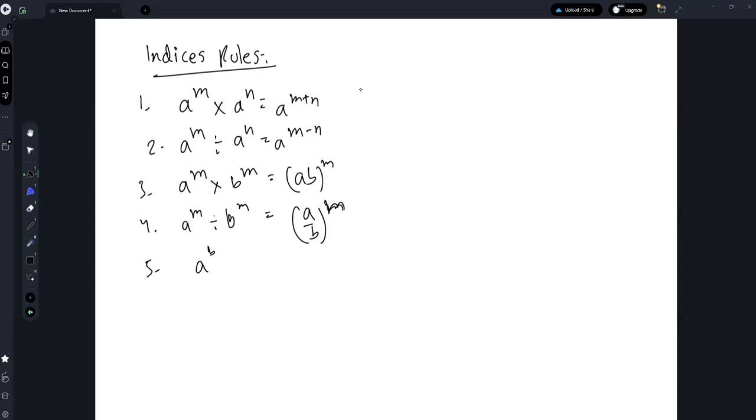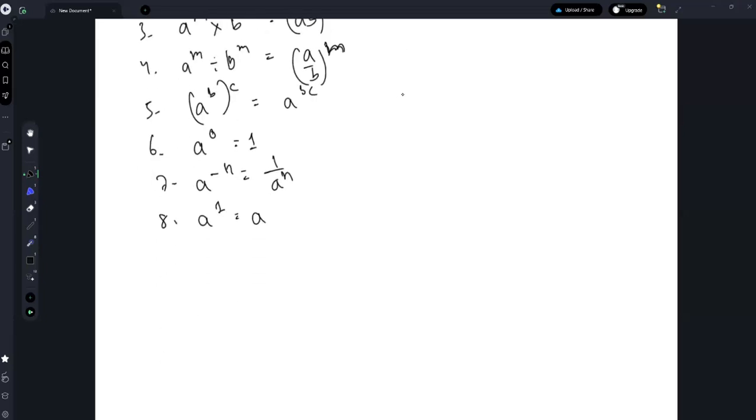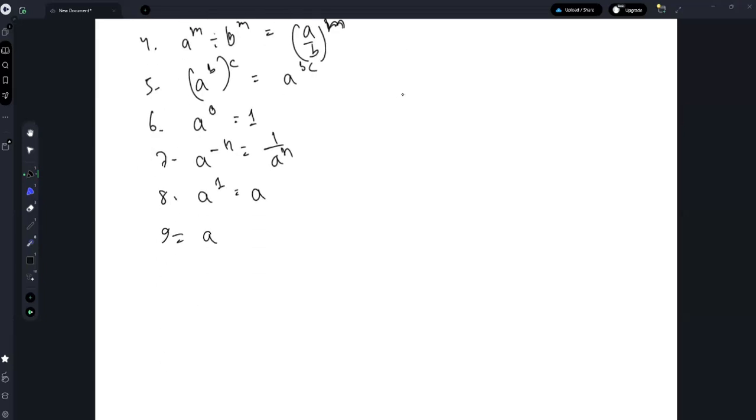Number 5, we have a to the power b, whole to the power c, so we get a to the power bc. Then we have a to the power 0 equals 1, a to the power minus n equals 1 by a to the power n, a to the power 1 by n equals the nth root of a, and here a to the power m by n is equal to the nth root of a to the power m.